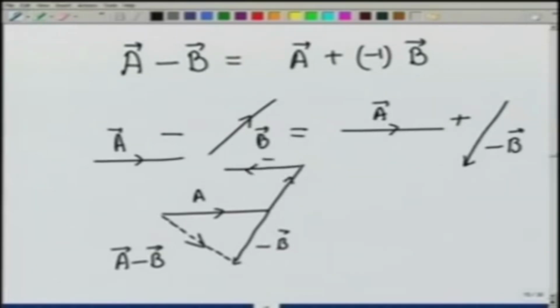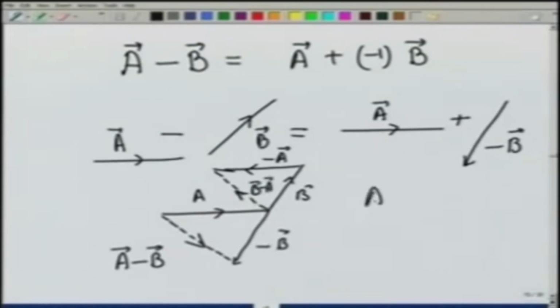Minus a would be opposite to a, and therefore, this would be like this. This is b minus a.